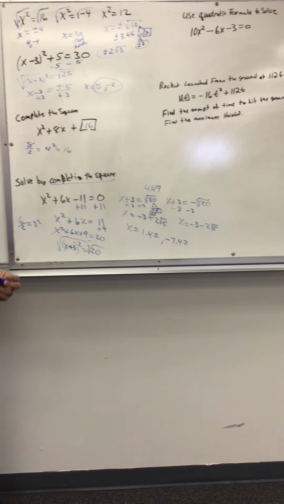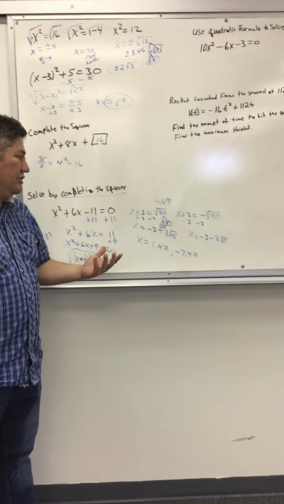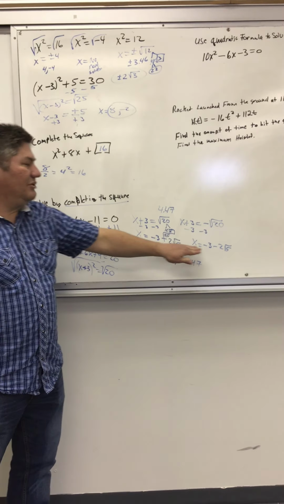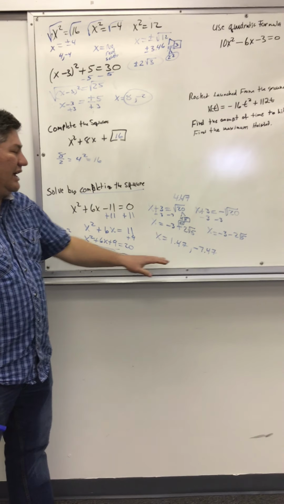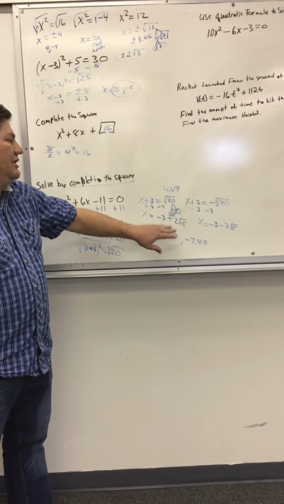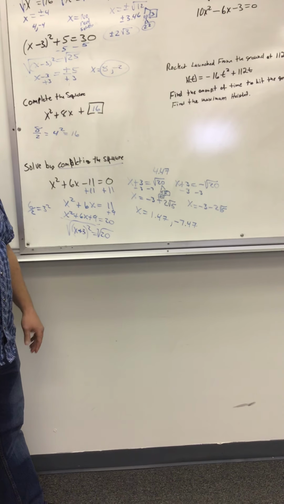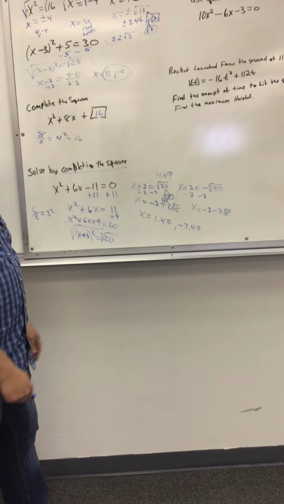So those are your two answers. Okay, if it wants it rounded to the nearest hundredth, which it probably will, or it could say, give me exact answers like that. Depends on the problem, what it asks for. So pay attention to that. If it says round to the nearest hundredth, boom, these are your answers. If it says, hey, I want it in exact radical form, these are your answers. Depends on how they ask it.